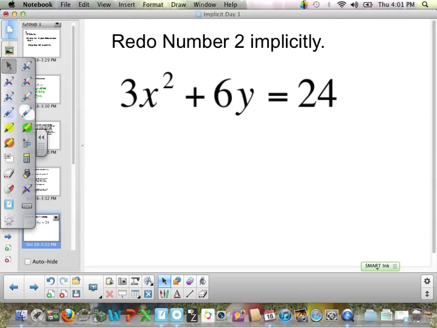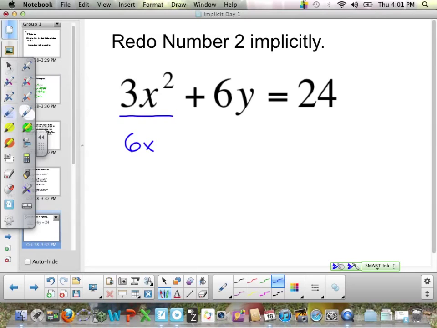All right, so let's redo number 2. Let's redo this problem implicitly. So first, what we're going to do is derive both sides as if it's an ordinary function. Take the derivative with respect to x of 3x squared. Well, that's 6x. And then we're going to take the derivative of 6y with respect to x.